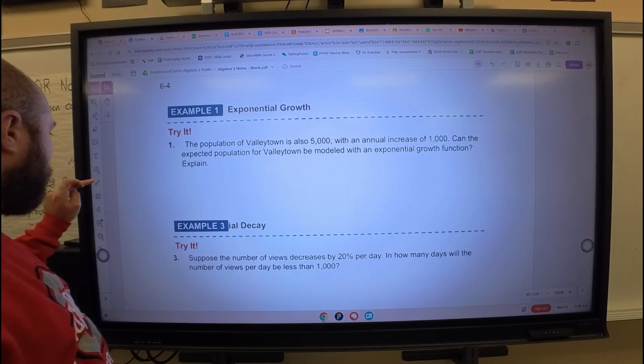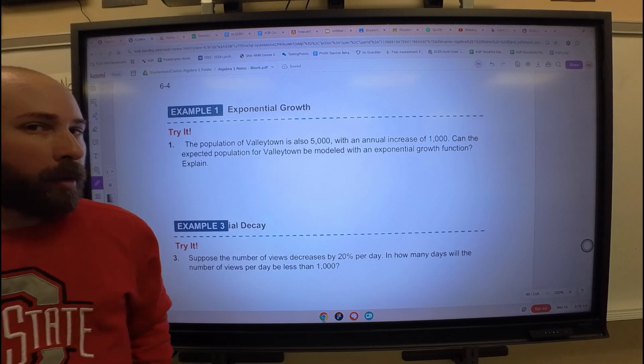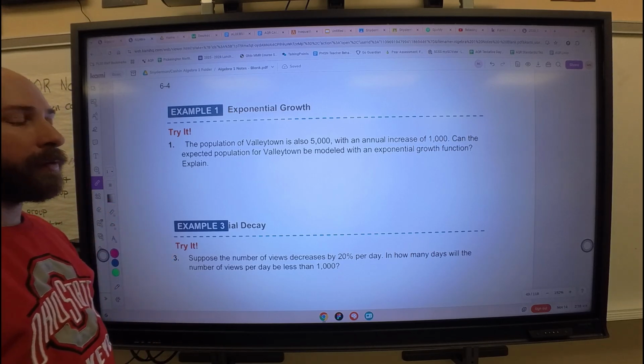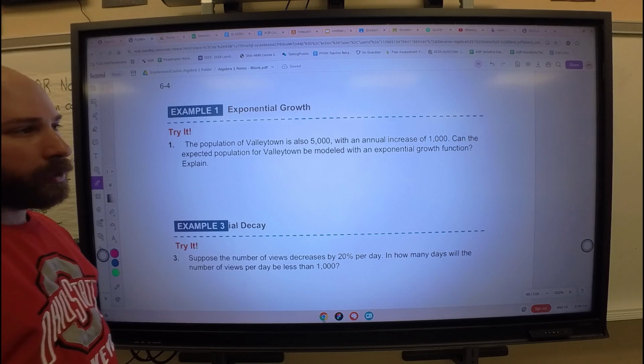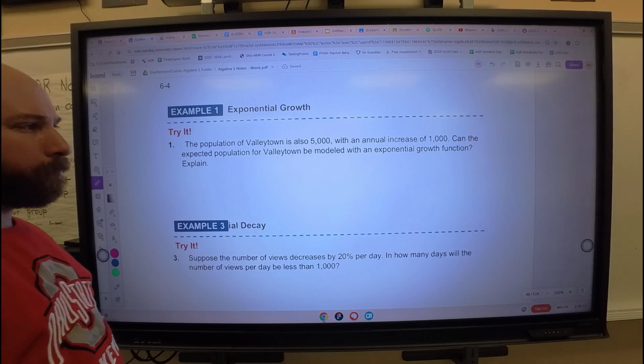All right, let's take a look in our books now. We are on page, I believe it's 128. Let's take a look at number 1. It says the population of Valleytown is 5,000 with an annual increase of 1,000. Can the expected population for Valleytown be modeled with an exponential growth function? Explain.